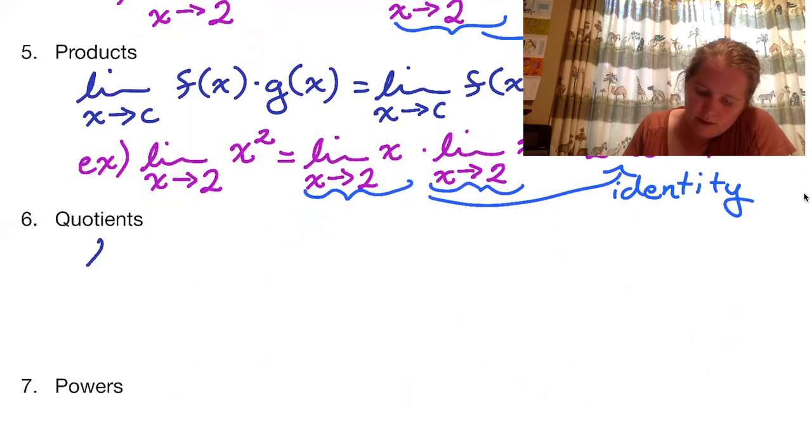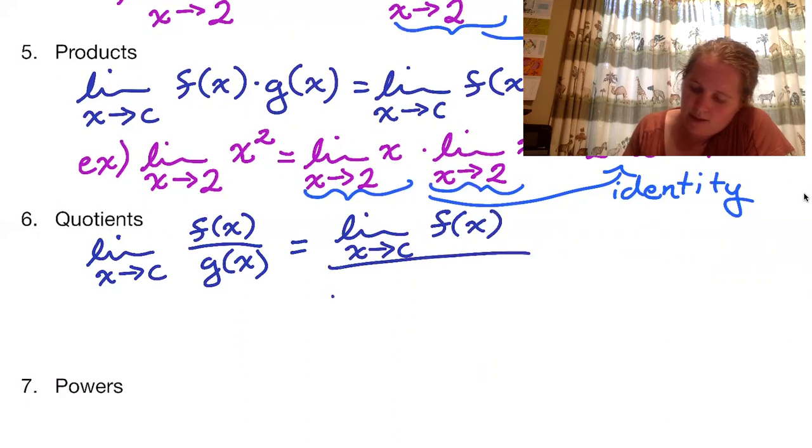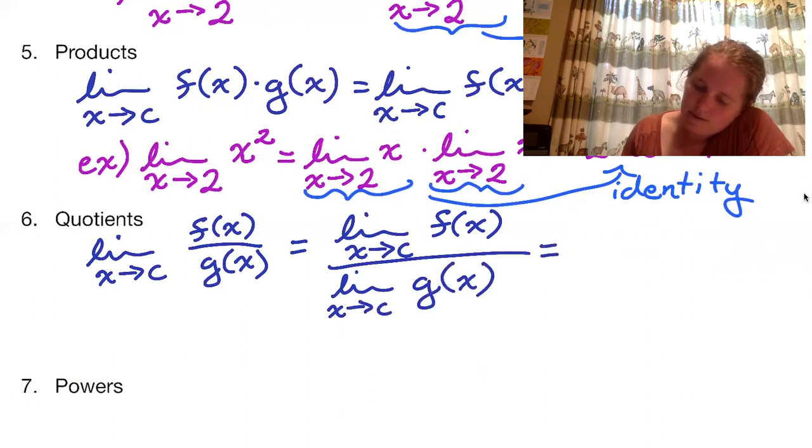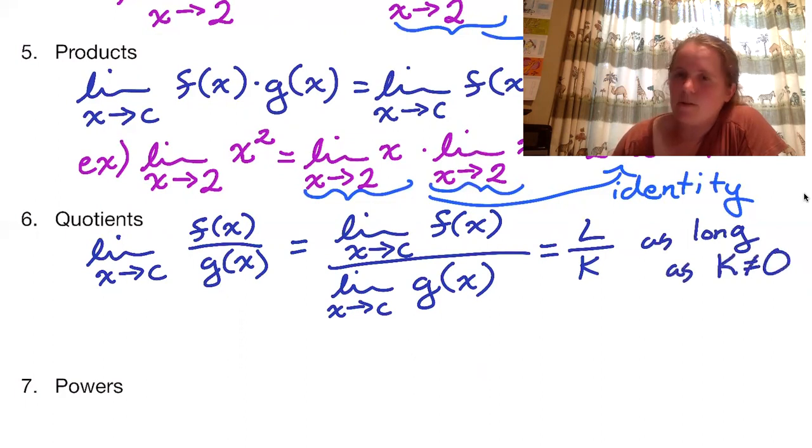So we have the limit as x approaches c of f of x over g of x as the limit as x approaches c of f of x divided by the limit as x approaches c of g of x equals L over K, as long as K is not 0.